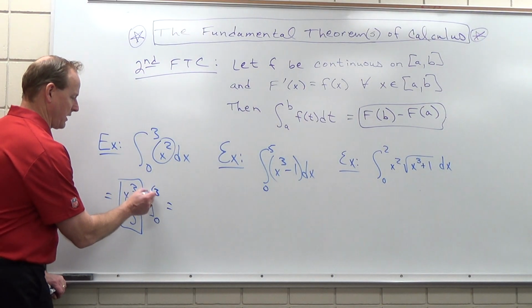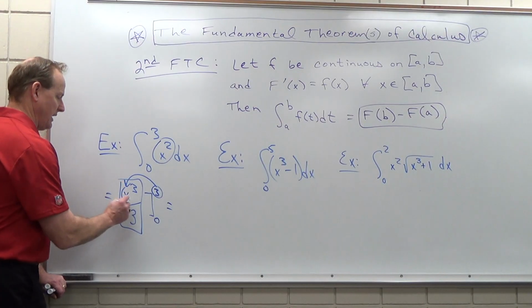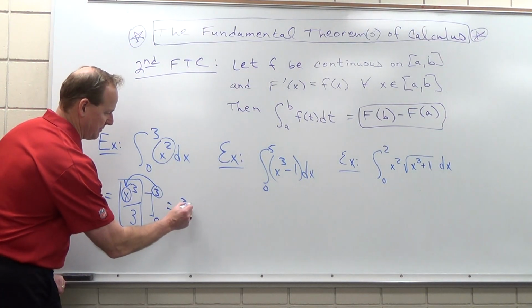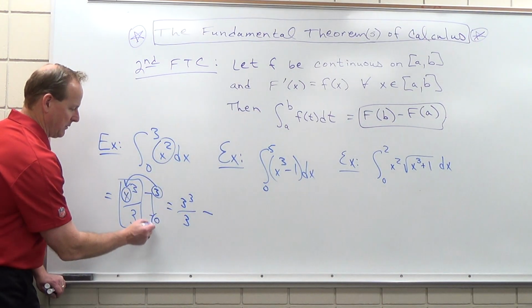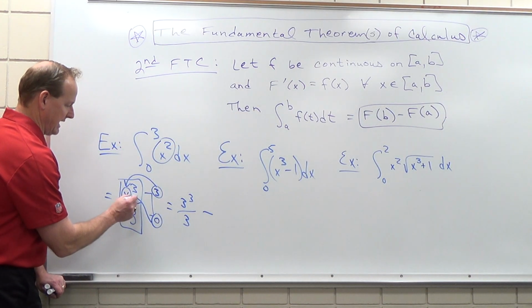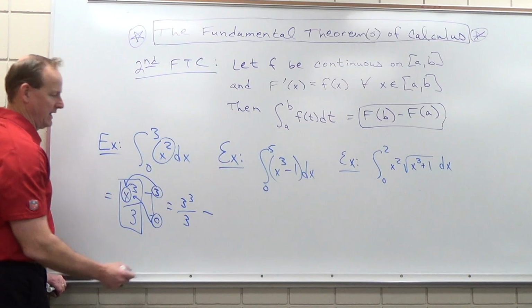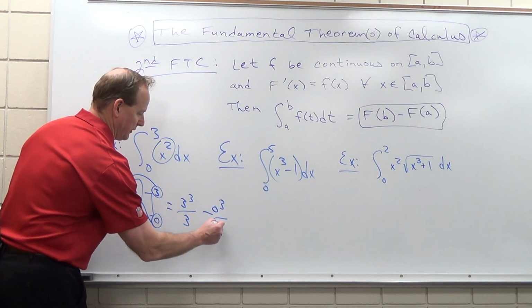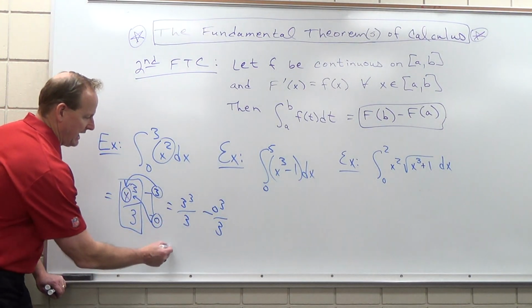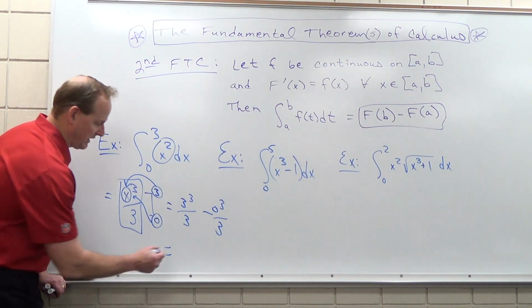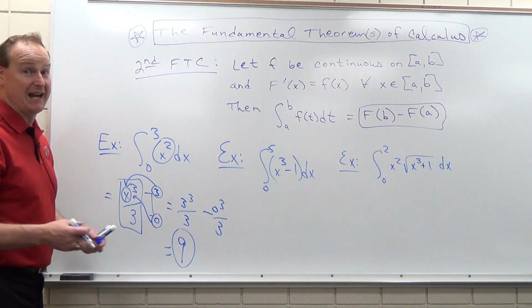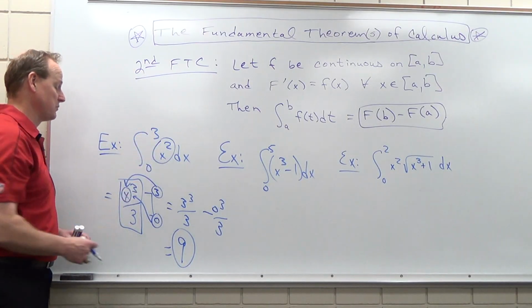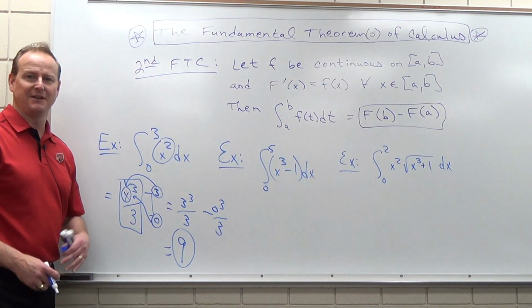And what we're going to do is plug that upper limit in everywhere you see an x, so this ends up being 3 cubed over 3, minus f evaluated at the lower limit. We're going to plug that lower limit 0 in for x, and we're going to get 0 cubed over 3. Of course, that's 0, and we know that 3 cubed over 3 is exactly 9. So the same thing that we had every other time we did this one, we got 9 for our answer.